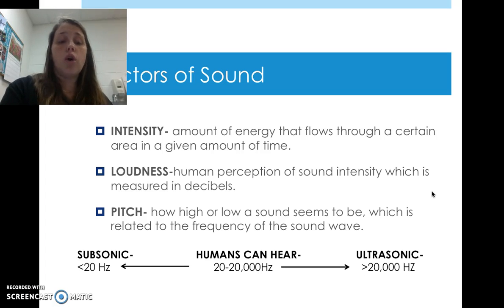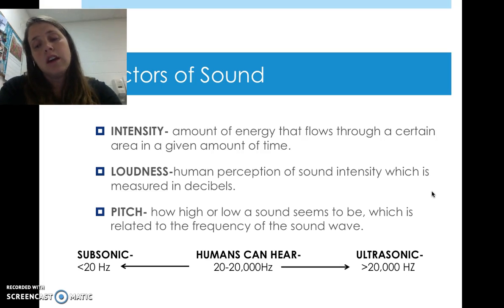When it is a low frequency, it is going to sound very low. So gentlemen, as you get low voices, the frequency of the vibrations of your vocal cords is going to be low. And if you have a very high voice, the frequency of your vocal cords is going to be very fast.